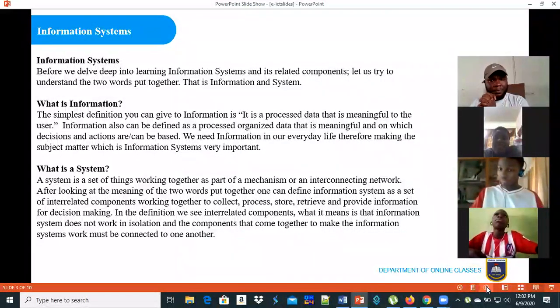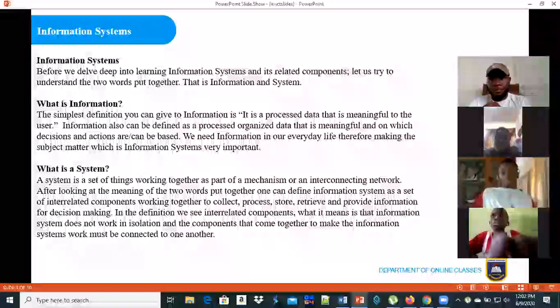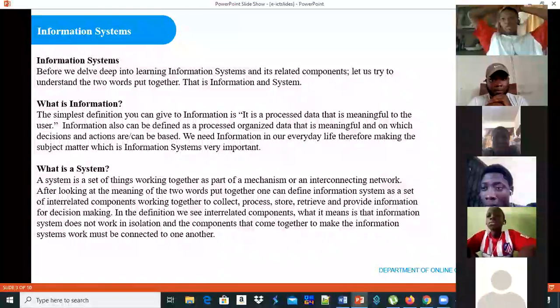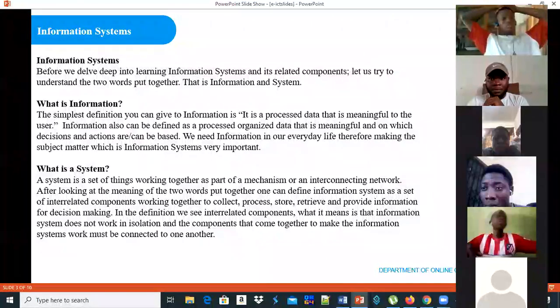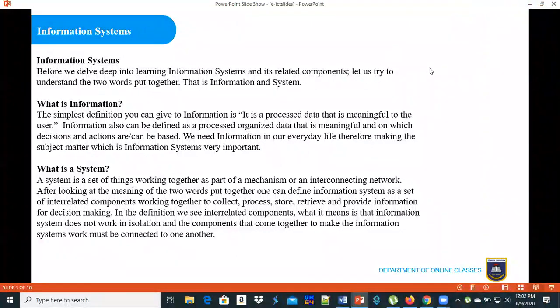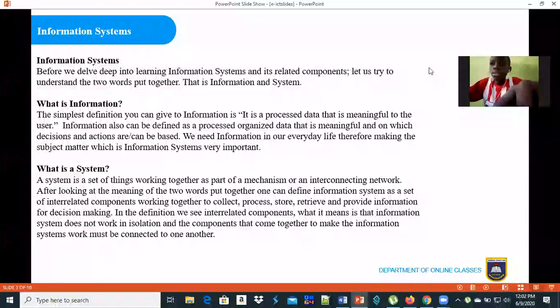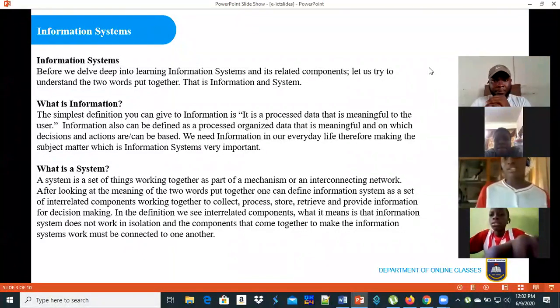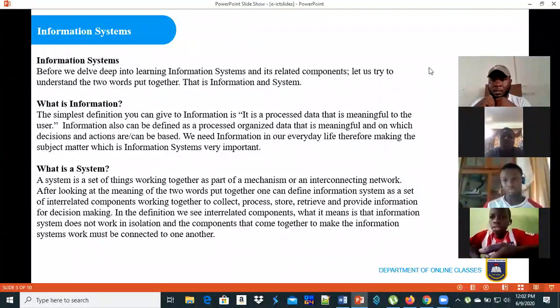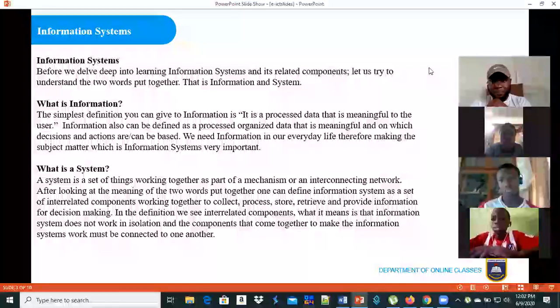Victor? I understand that it's a combination of systems to supply information for decision making. So it is a combination of systems to provide information for decision making.